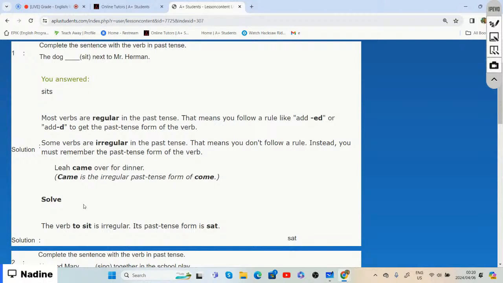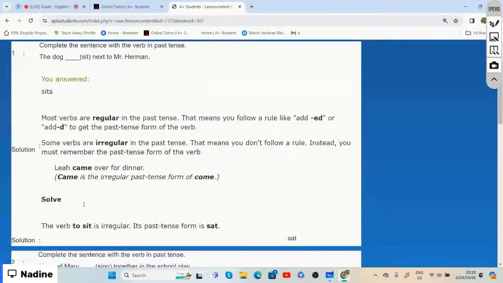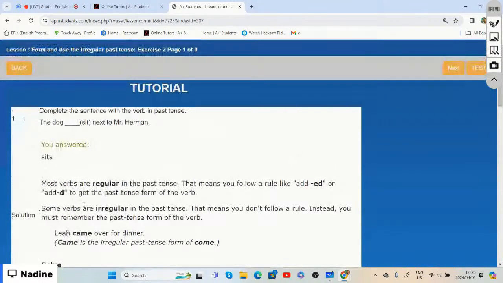Came is already in the past. So the present of came is to come, right? All right, let's do our activities first before we go to our test.